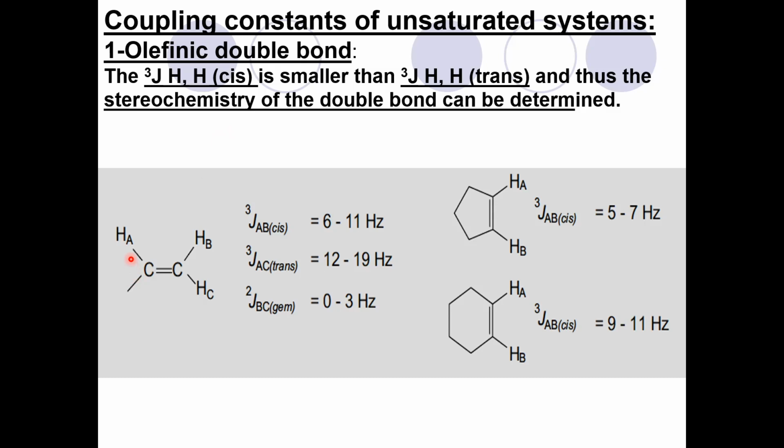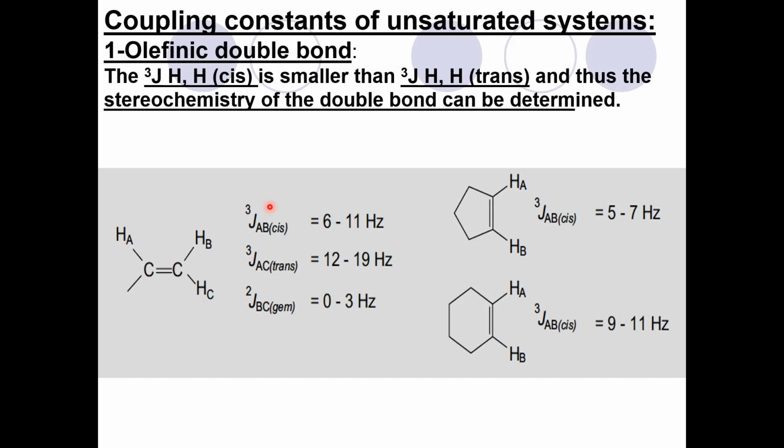For example, here the 3J AB is a vicinal cis coupling constant that ranges from 6 to 11 hertz, whereas the other is a trans coupling constant. As you can observe, the trans coupling constant is larger than the cis coupling constant.